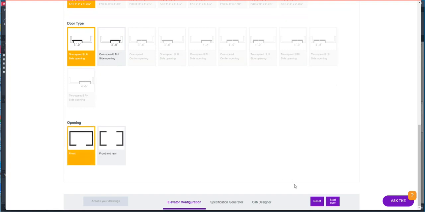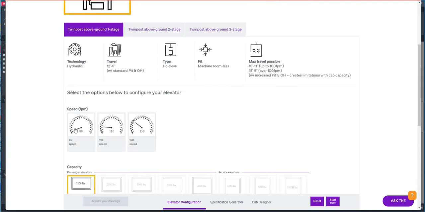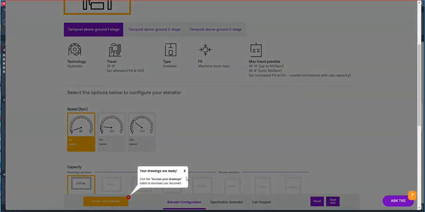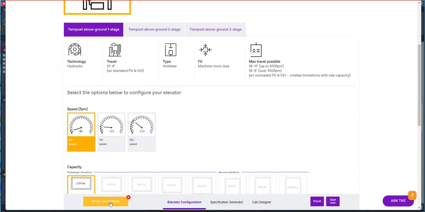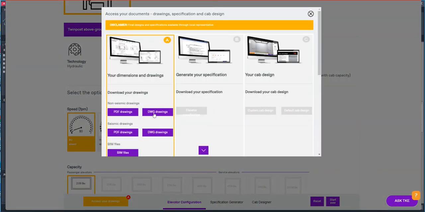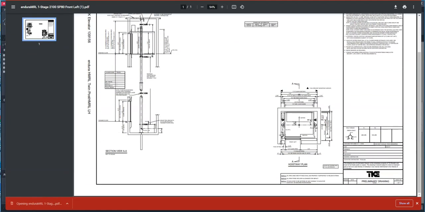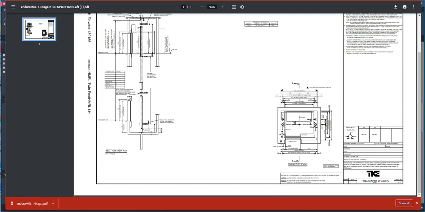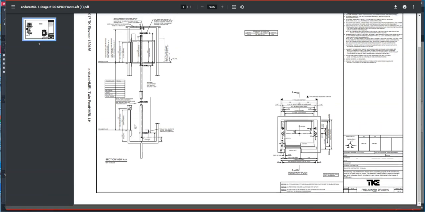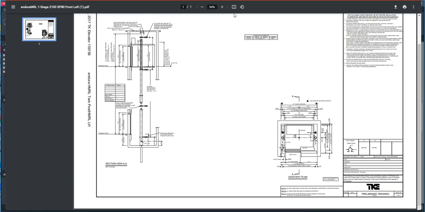Okay, and then we don't want a fast one, we wanted a speed. And then access your drawings, and look at the PDF file, and open that PDF file, and it should tell us how deep the pit over here is.